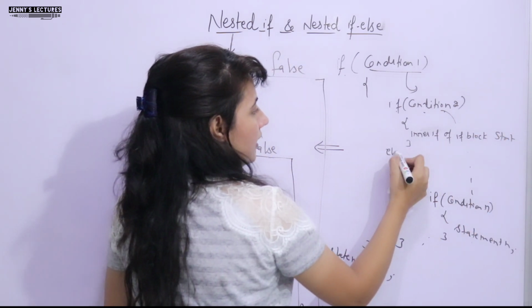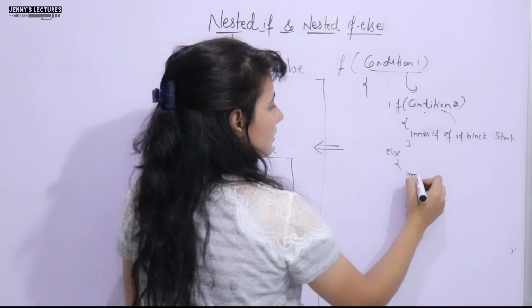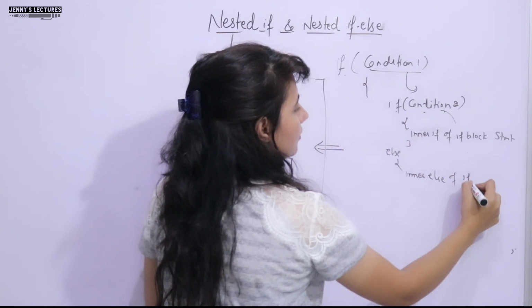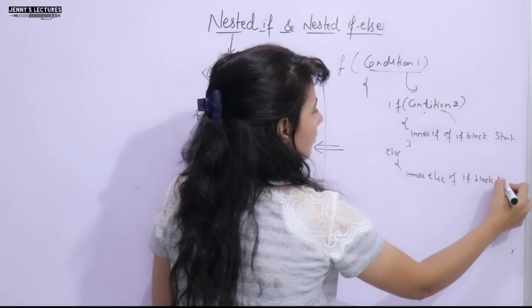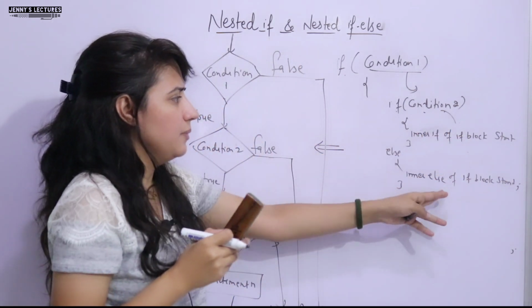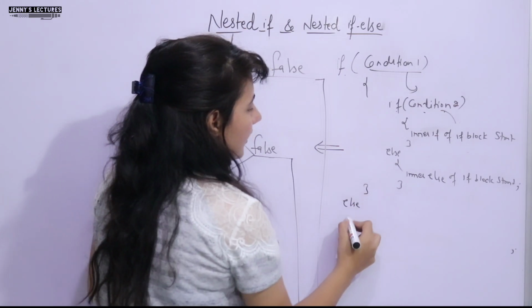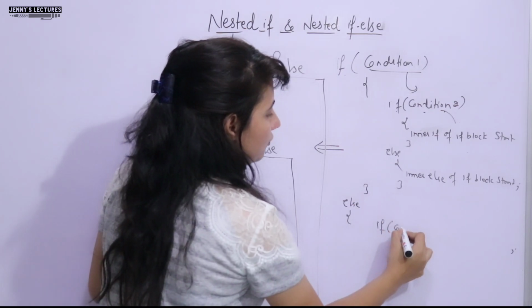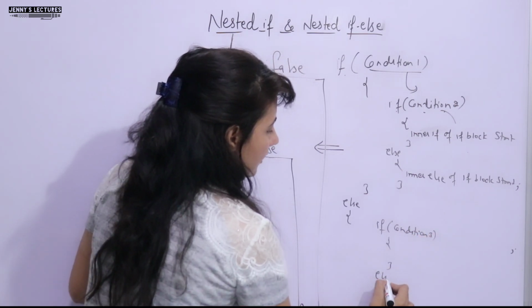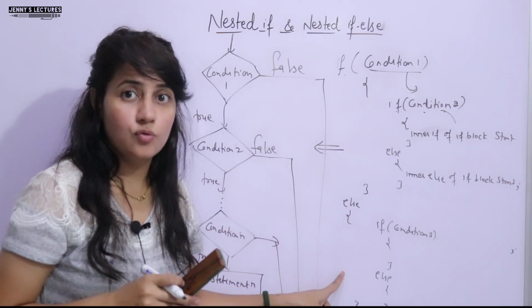And then else, and here you will write the inner else of if block statement. Or rather than this, you can write statement x, statement y, statement abc, something like this. Then we write else. Then again we write if condition 3, with its if and else block. Like this you will write nesting of if else.